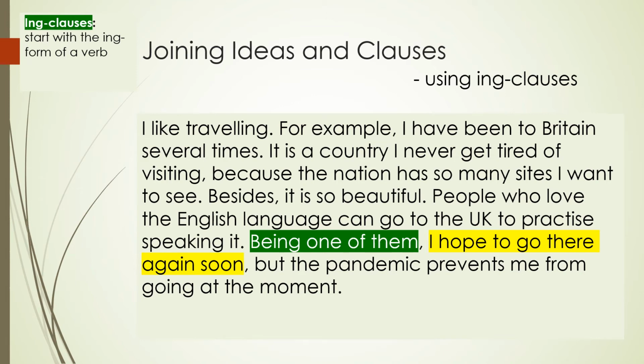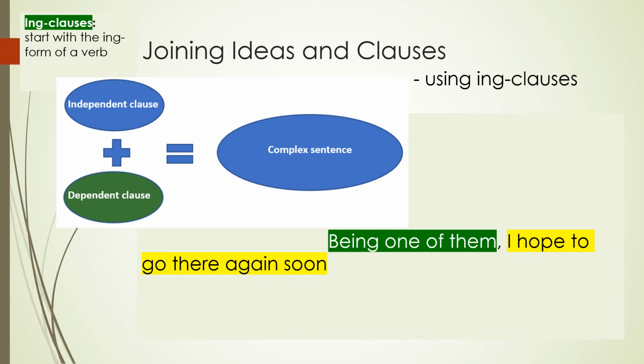It is important that the subject is the same in both of these original clauses, otherwise it won't make any meaning. So what we've done now is to again combine an independent clause with a dependent clause and form a complex sentence.